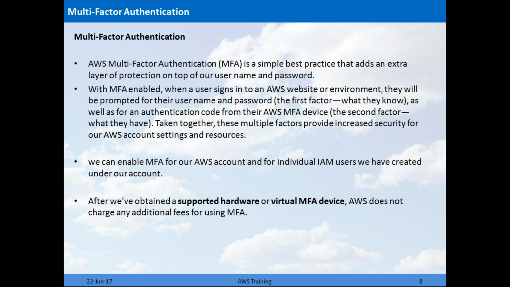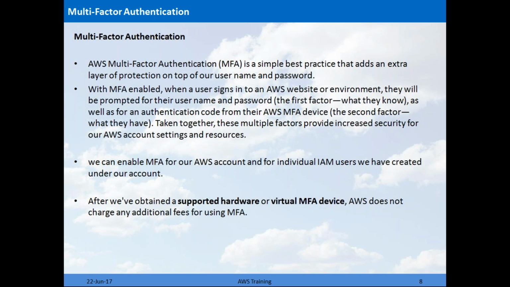Here I have explained a bit of how MFA works. With MFA enabled, we are first given a form, by means of which we have our MFA enabled. When a user signs into the AWS environment, they will be prompted for their username and password. That is the first factor, which generally people do.